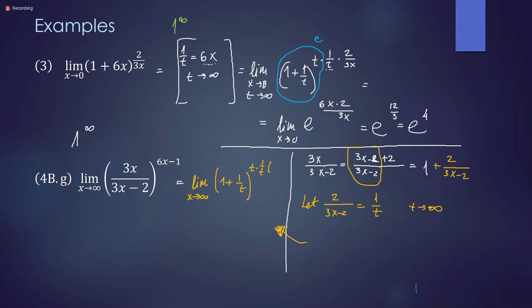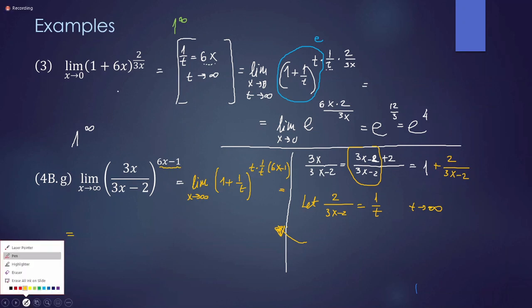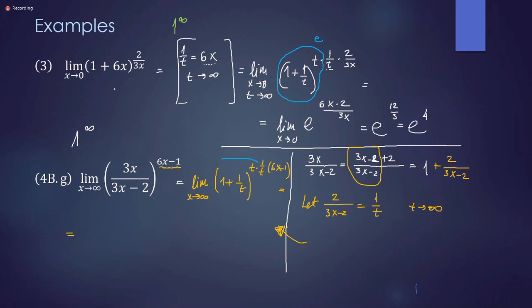And now what happens is more of the same thing as always. We say evidently this is e. And so we have limit of e when x tends to infinity. 1 over t is in fact this.